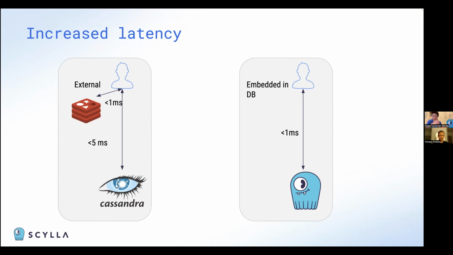Of course, you may decide not to fall back to the database, but that would mean serving either no data or stale data to your users, right? So in this slide, we have an example of an external cache with Cassandra, versus how it would work if you are using ScyllaDB.